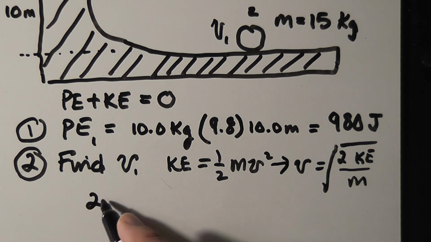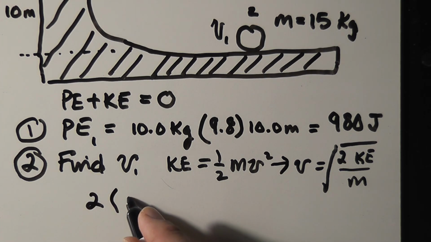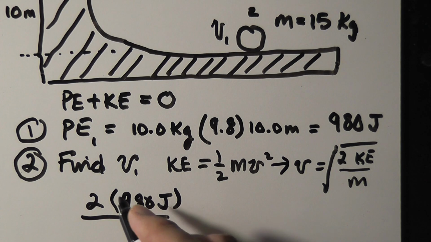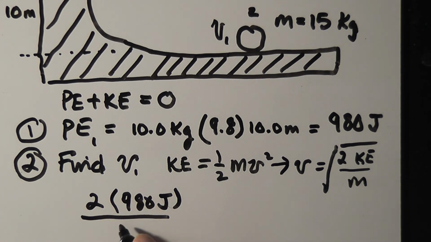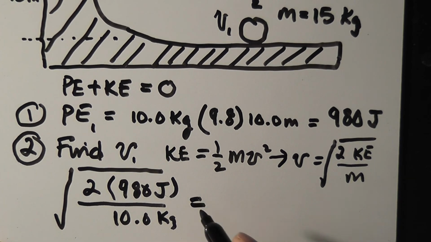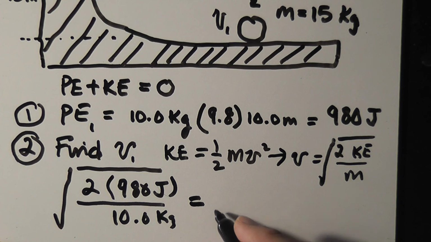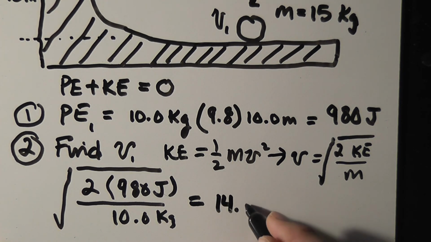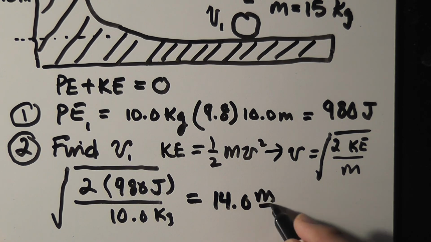Two times 980 joules divided by the mass, all under the radical. Okay, and this is going to be equal to 14.0 meters per second.